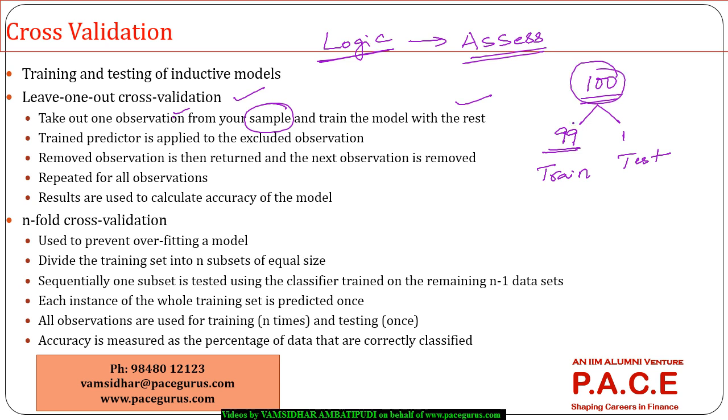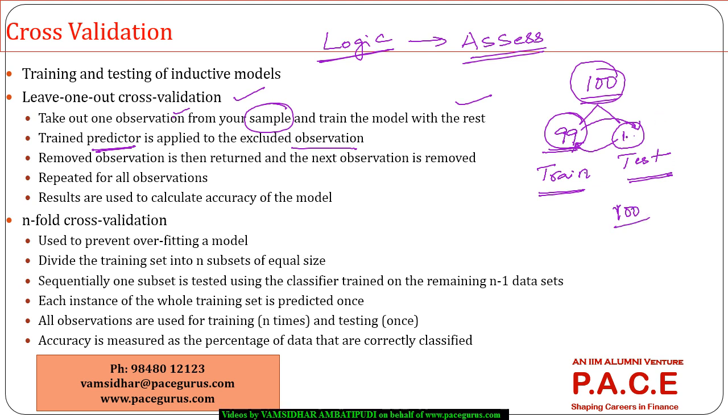So I'll build a model with these 99 and test it on this one single observation. The trained predictor is applied to the excluded observation. Then this one is added back to the sample, and another one is taken out. So this whole process continues 100 times.